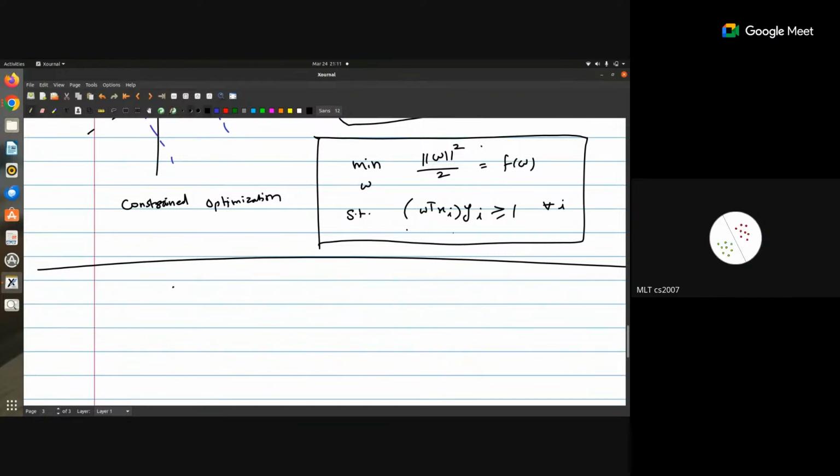So this is also a function of w. Let me denote it differently because it's a constraint. This is the objective function, and this is the constraint. Is it an equality constraint or an inequality constraint? It is an inequality constraint, right?